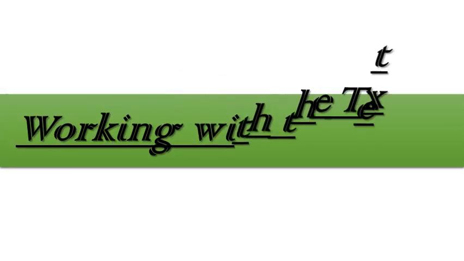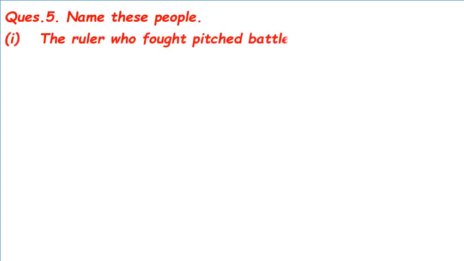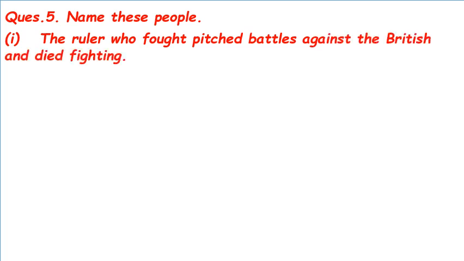So now let's discuss the questions and answers of working with the text. Question number 5 is, name these people. Number 1, the ruler who fought pitched battles against the British and died fighting.